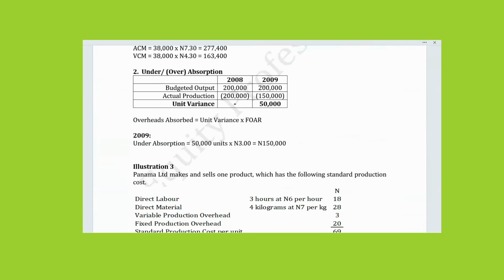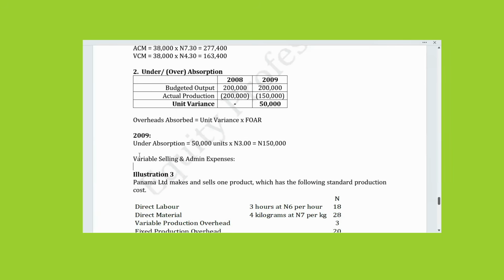Variable selling and admin expenses. Okay. This should be working number 3. All right, let me bold this.